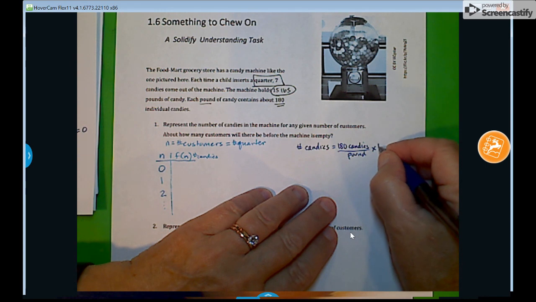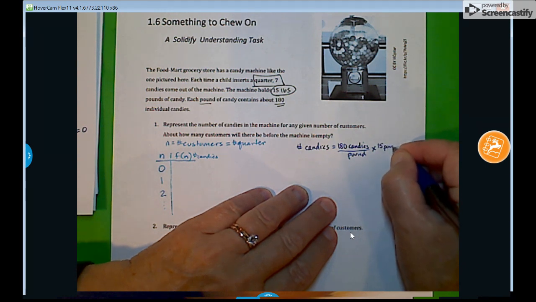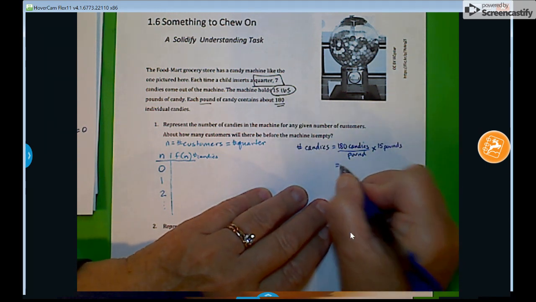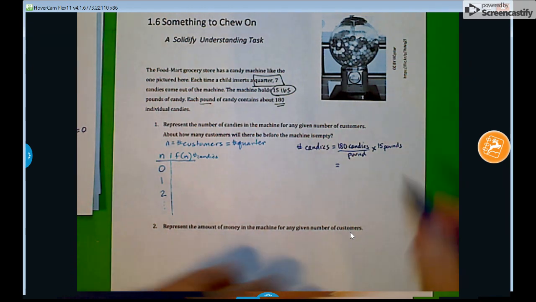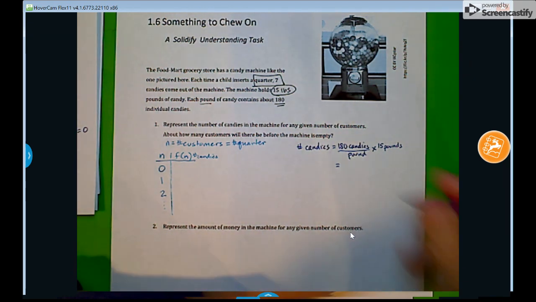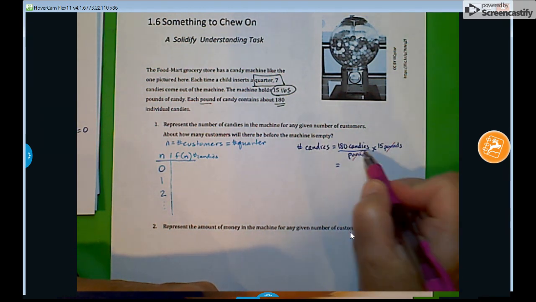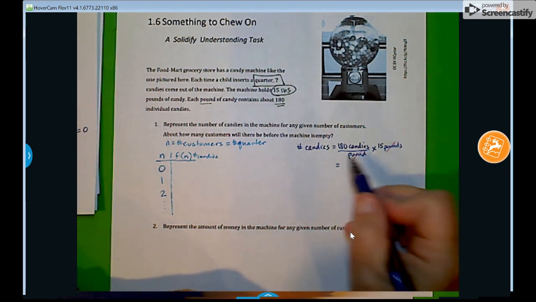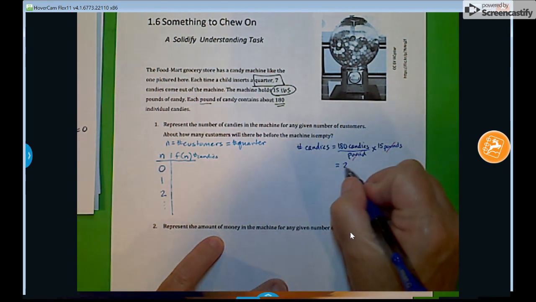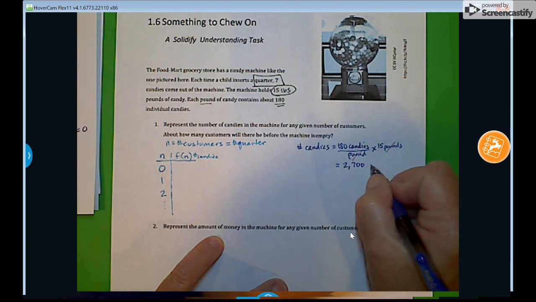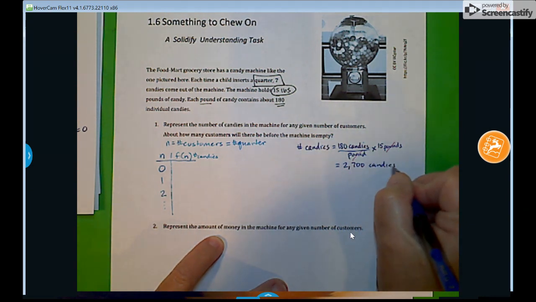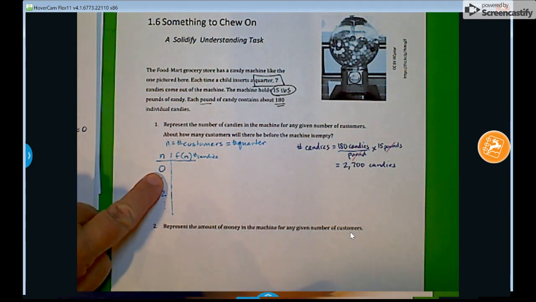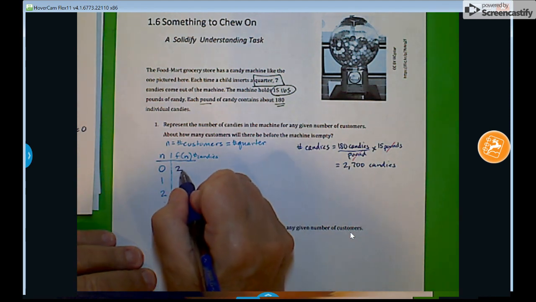So there's 15 pounds in the machine. This is for a full machine before anybody's purchased anything. Units of measure cancel out here. Pounds cancel, leaving us with just candies. So 180 times 15 is actually 2,700 candies. So that means at time equals 0, we have 2,700.